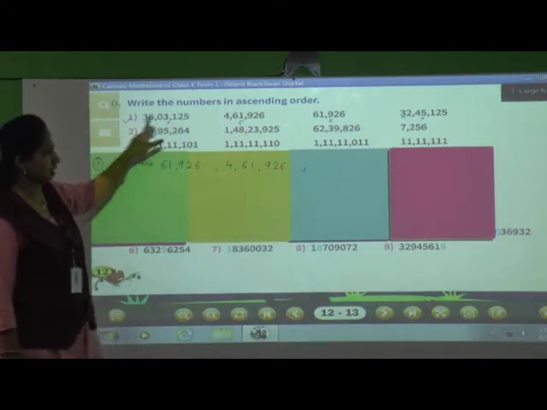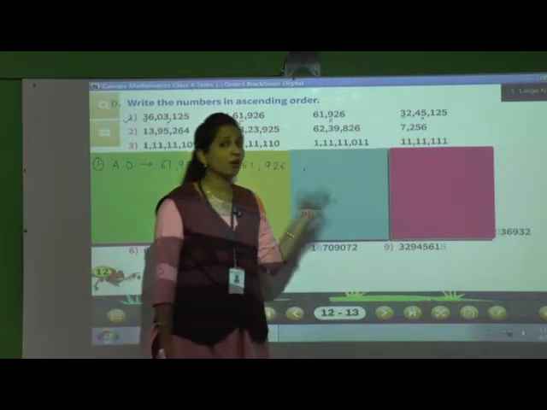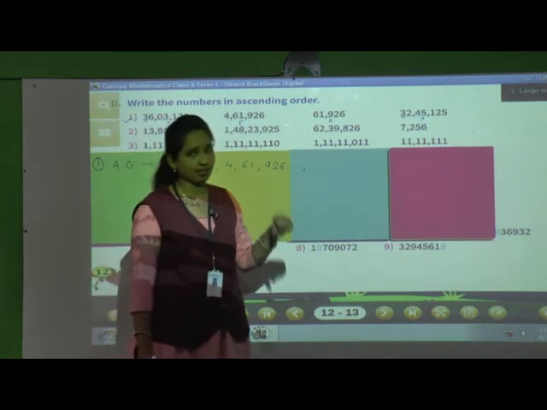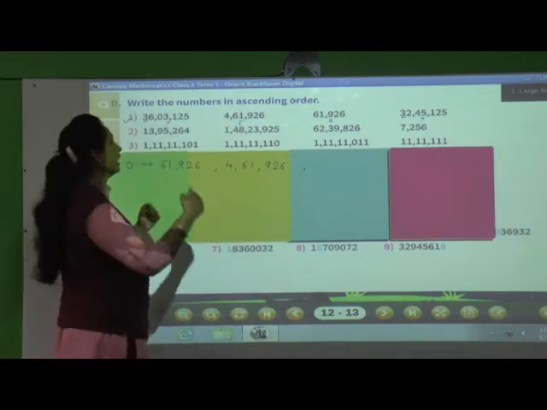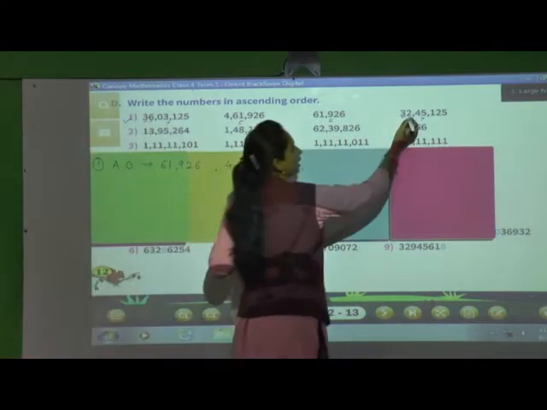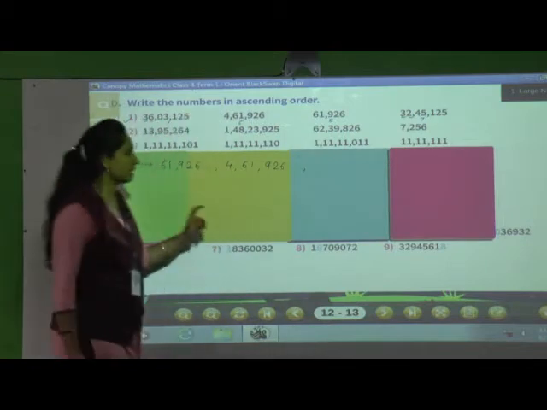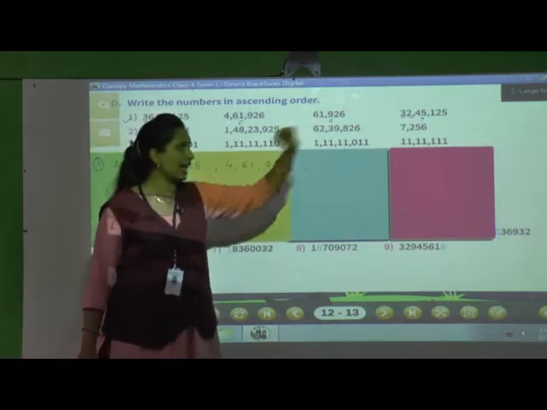Here it is 3, and in this number also 3 is there, both are the same. How to find out which is smallest? In that case, we have to go to the next digit. What is the next digit? 6, and here 2. See, 6 is in the lakhs place, 2 is also in the lakhs place.